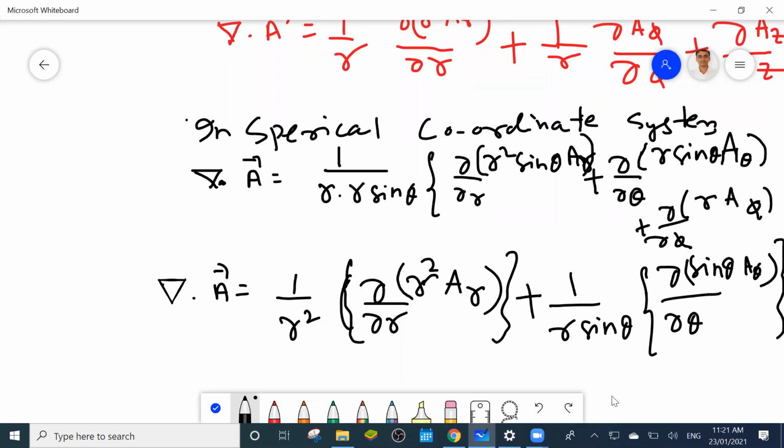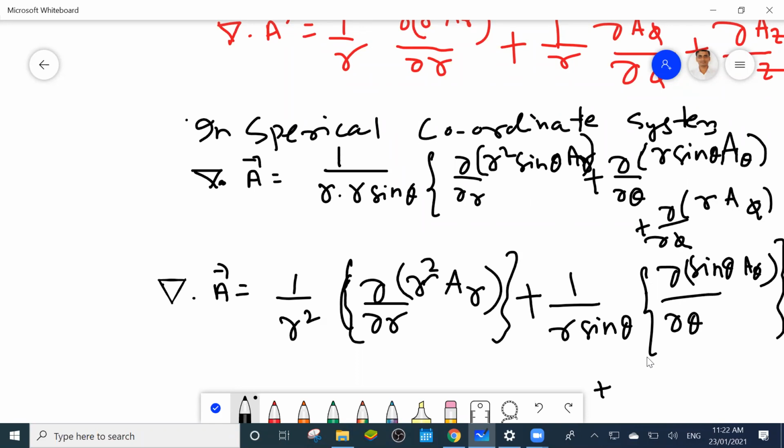Clear, everyone? Yes or no? Yes, sir. Then the last one. See here, this is with respect to phi. So here r is a constant, only this phi is there. So this r will come outside and these are cancelled. So remaining is 1 by r sin theta.